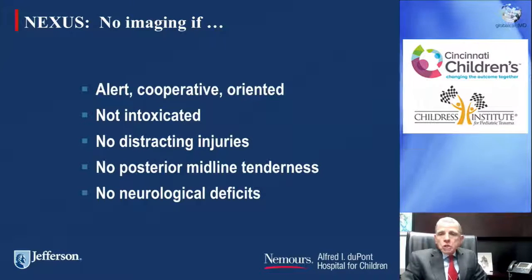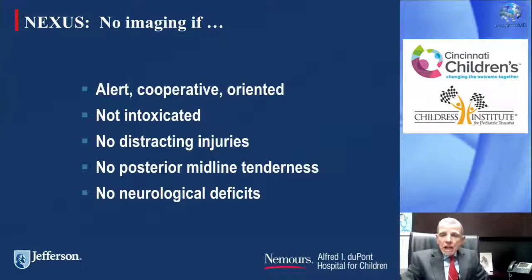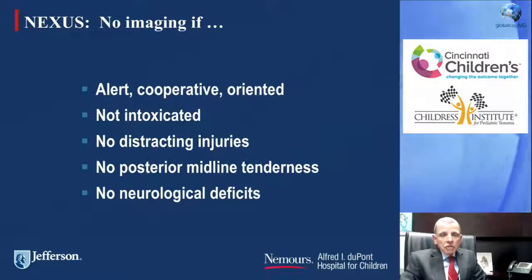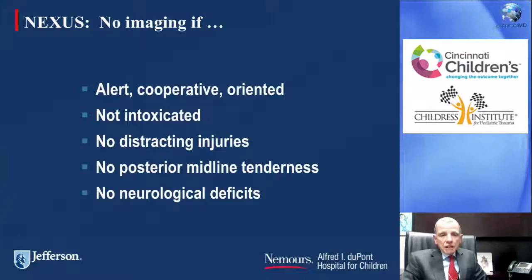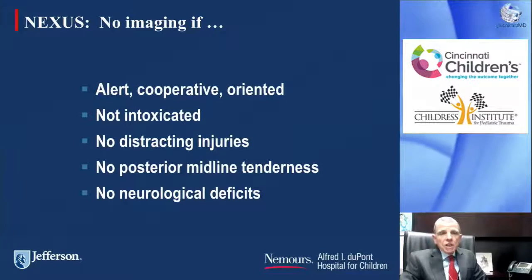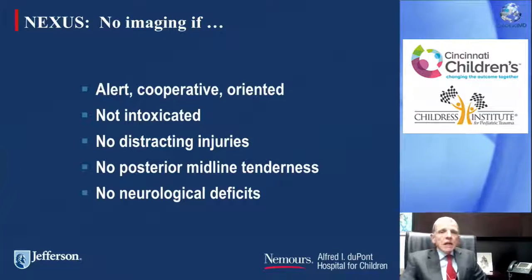A huge prospective study looking at tens of thousands of emergency department patients to define a rule for who does not require cervical spine imaging, a rule with a very high negative predictive value. Extensively studied and validated in adults, not so much in children.